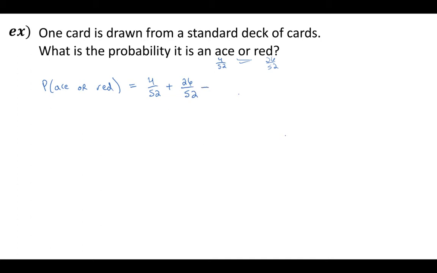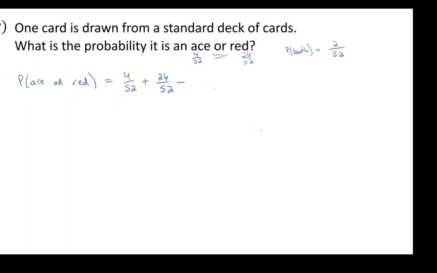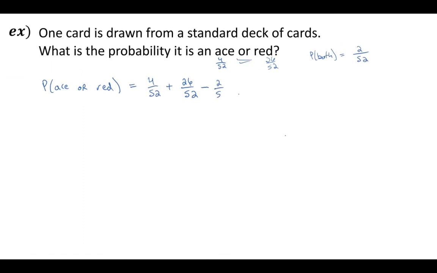And then we need to think about the overlap. So probability of both a red and an ace. Think about how many red aces there are in a deck. Well, there's an ace of hearts and an ace of diamonds. So there's 2 cards that are both red and aces. So those are getting double counted in these because they're counted in both of those. So we're going to then subtract out 2 out of 52, which would then leave us with 28 out of 52.